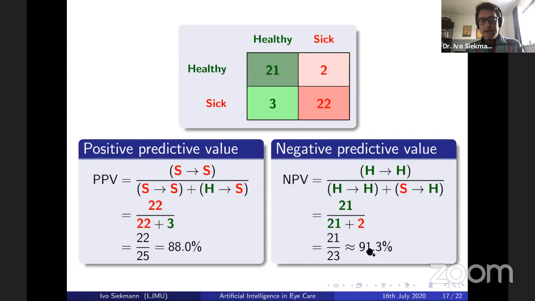So we get 91.3% of predictions were in this case correct when we look at the healthy class. And we can do the same thing for sick patients. So the positive predictive value says that we have 22 patients classified as sick correctly. In total, we have classified 25 patients as sick. So in total, we get 22 over 25.